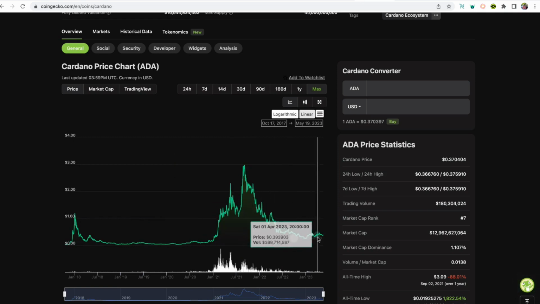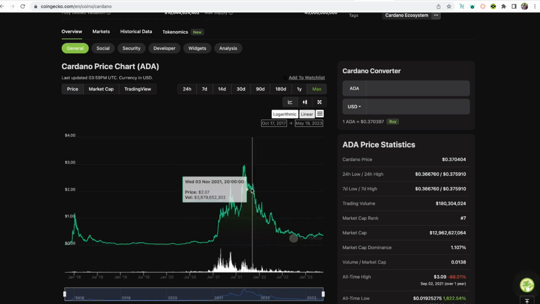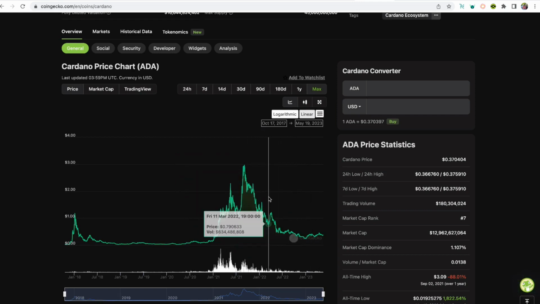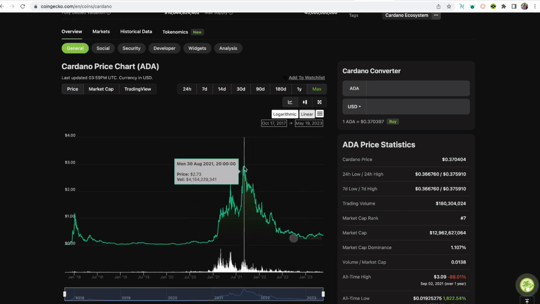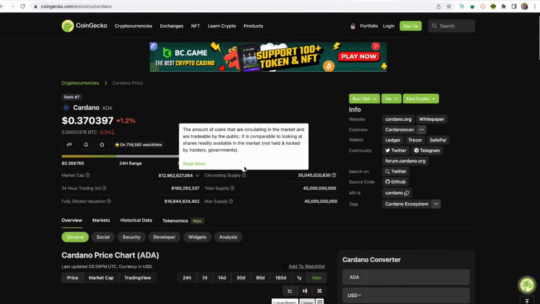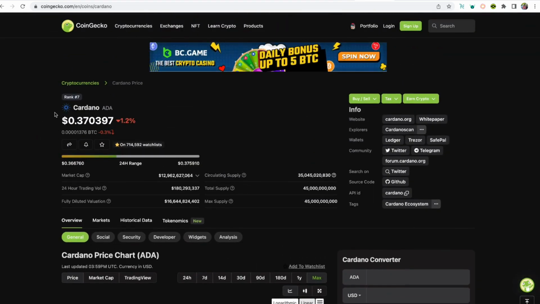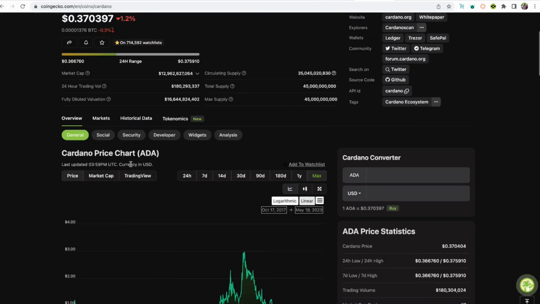So it gives me some insight in where the trajectory of Cardano might be heading to, because in every one of these cycles, these bull and bear cycles, what tends to happen is the bear cycle, which we just went through, goes through a 90% reduction in price volume. So it reached up to $3, and now the price is around 30 cents. That's a 90% drop in price.